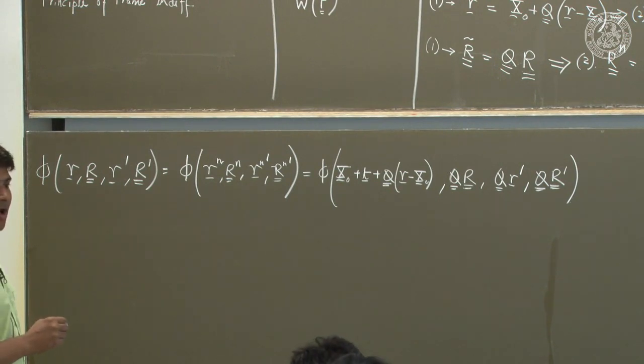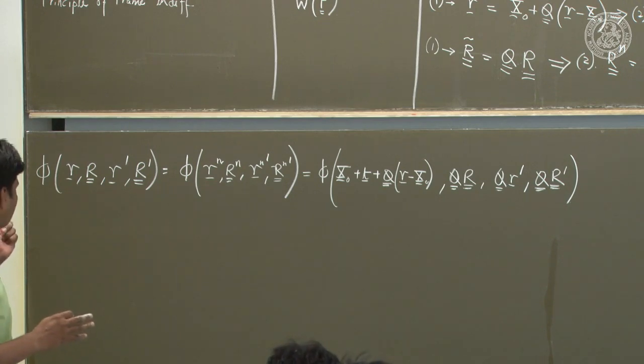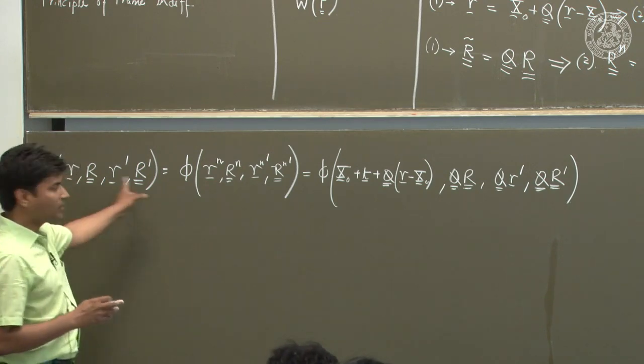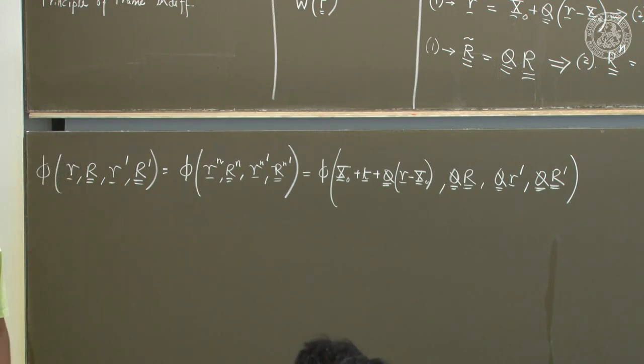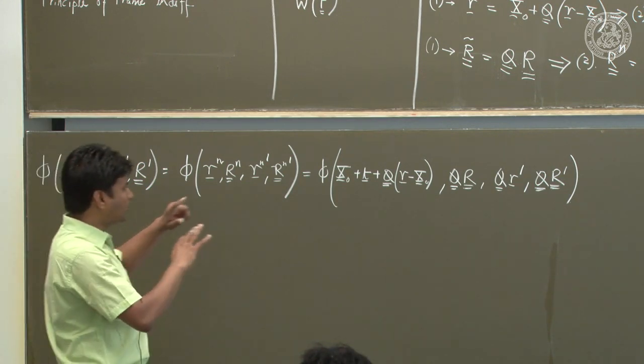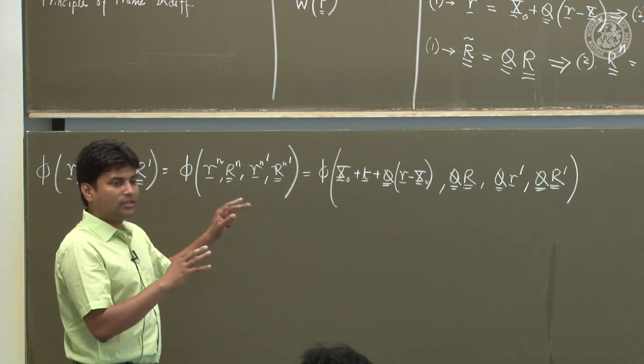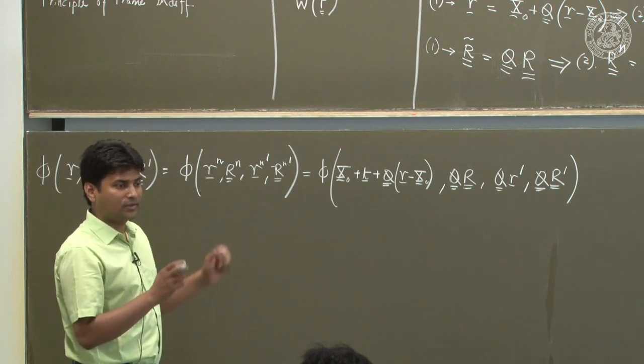So what should we do now? Can we get rid of some of the variables from here? What if we forget about rotation, rigid rotation, and just do translation?